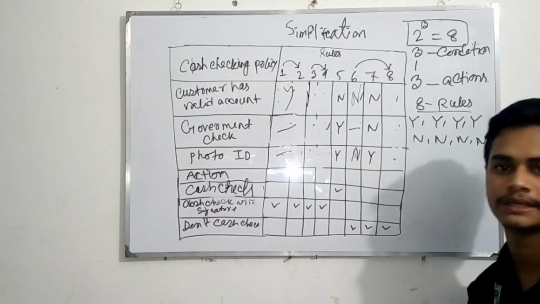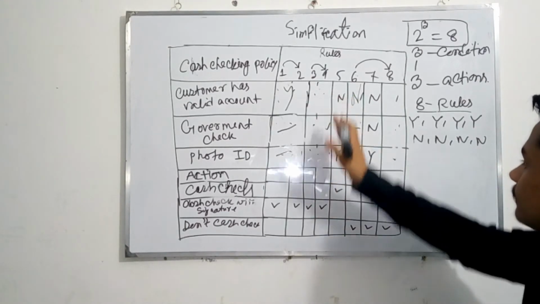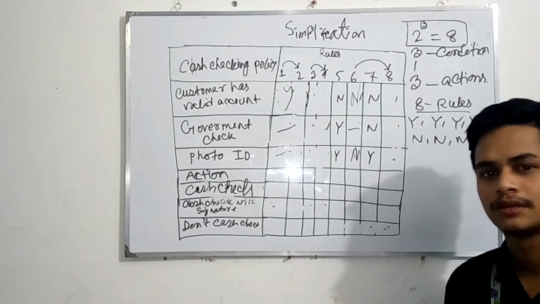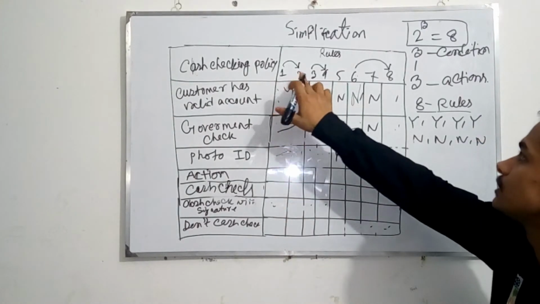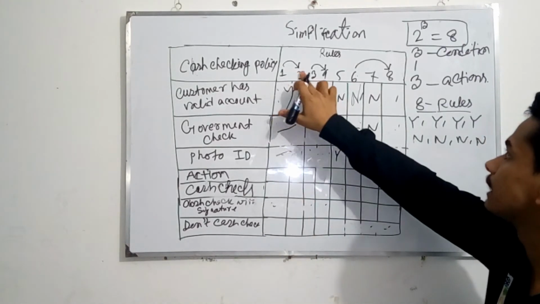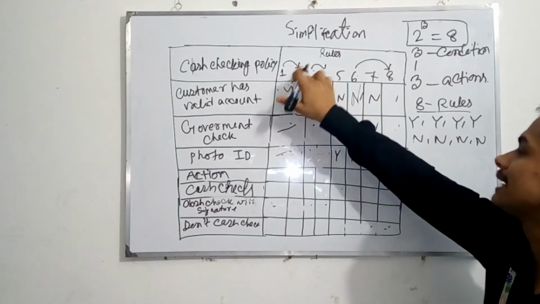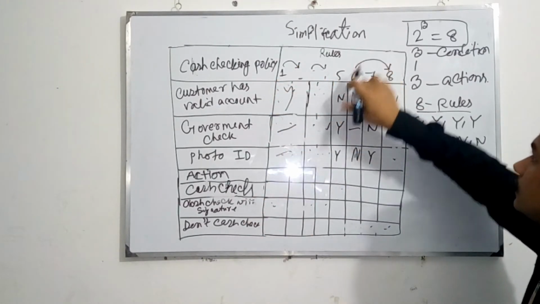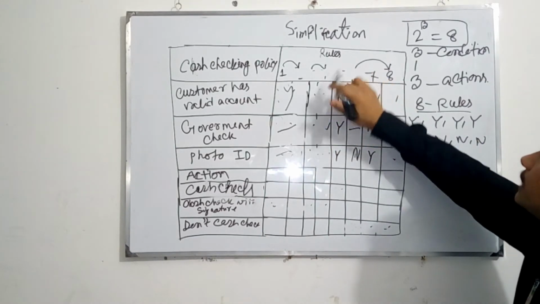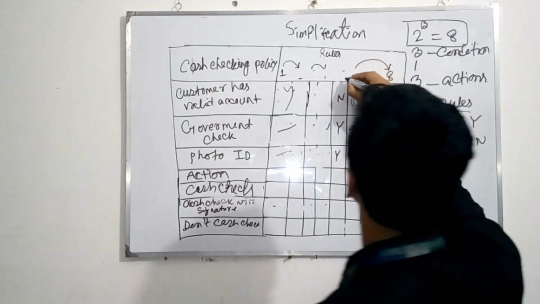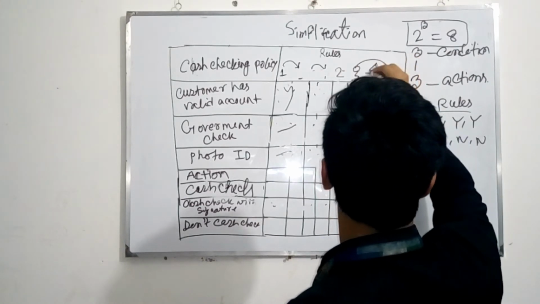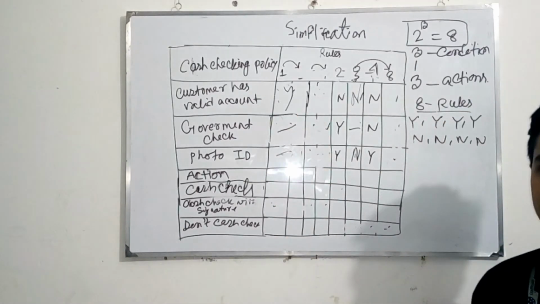Here 5 will stay the same, and after simplification 1, 2, 3, 4 will be merged, and we can write one step. 5 will remain the same. 6, 7 we can write here as 2, 3 and 4. So this is my final simplification result.